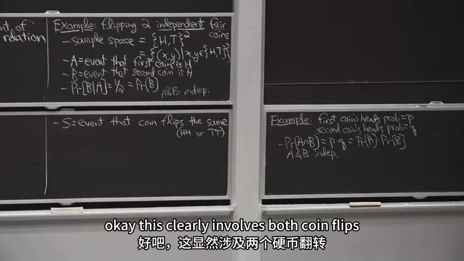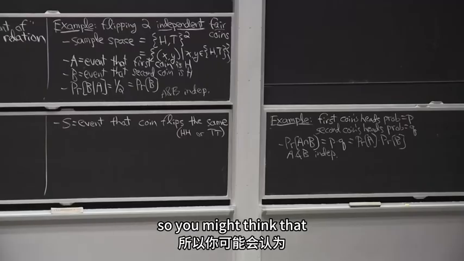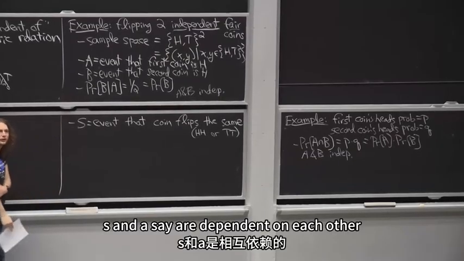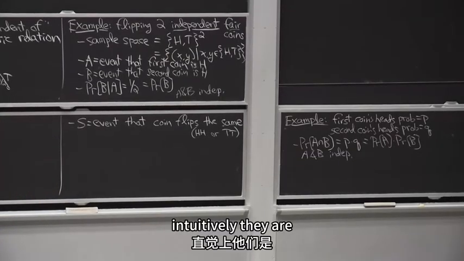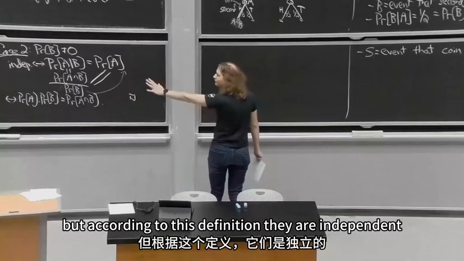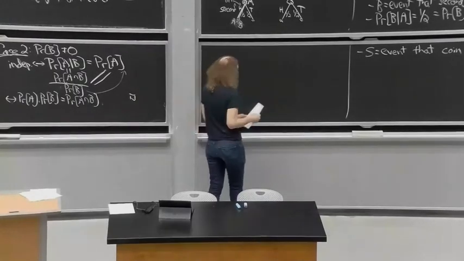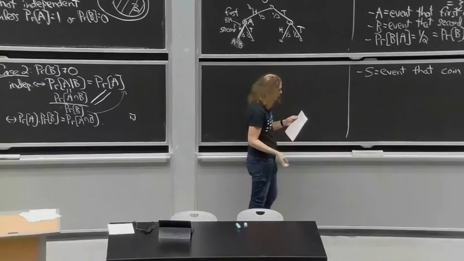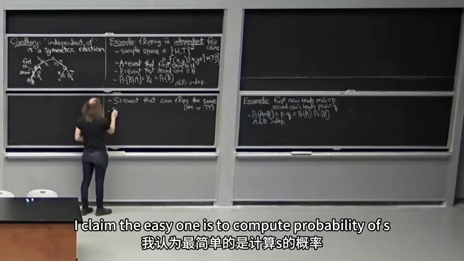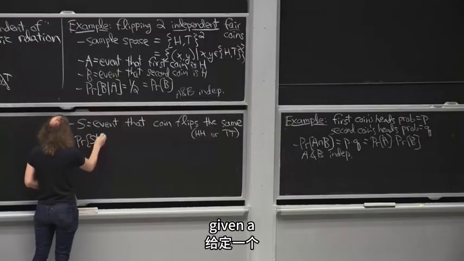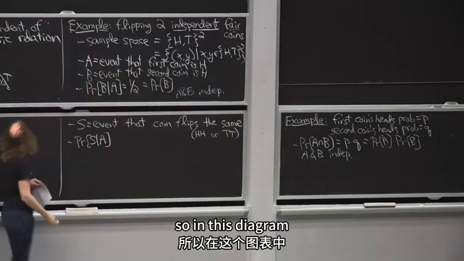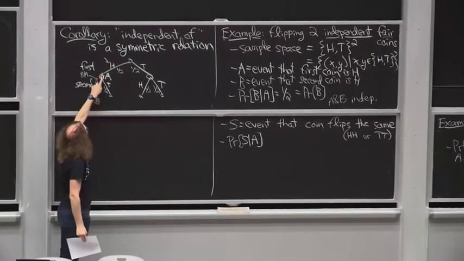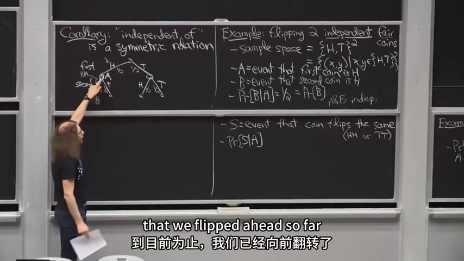OK, this clearly involves both coin flips. So you might think that S and A, say, are dependent on each other. Intuitively, they are. But according to this definition, they are independent. That's the claim. So let's compute it. I claim the easy one is to compute the probability of S given A. So in this diagram, A is that we're here, that we've flipped a heads so far.